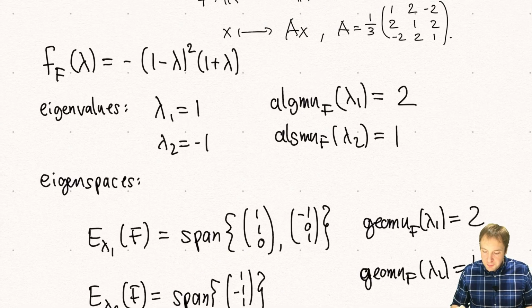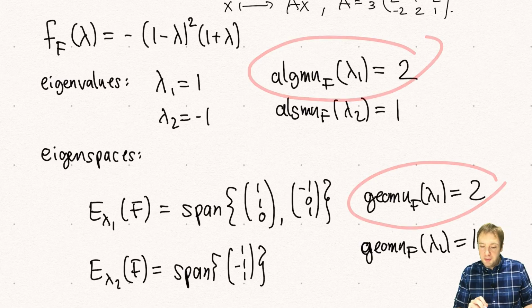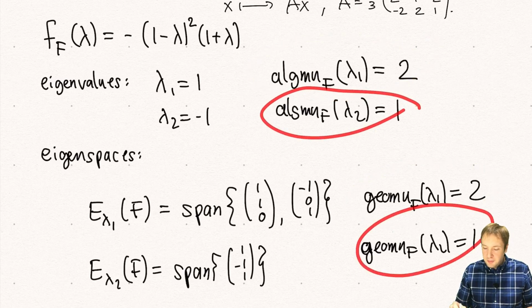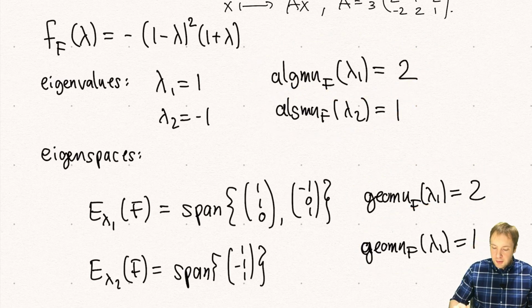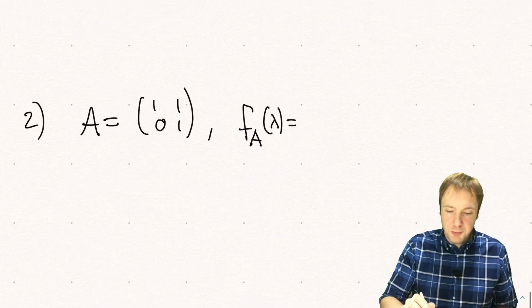So we see in this example that the geometric and algebraic multiplicities are the same. They are both 2 and 1. But this is not always the case, as we will see now.